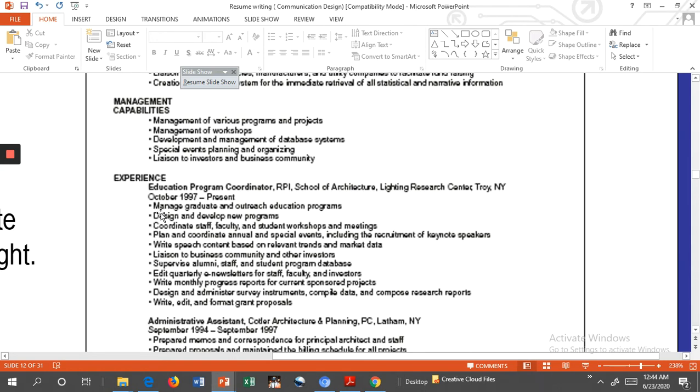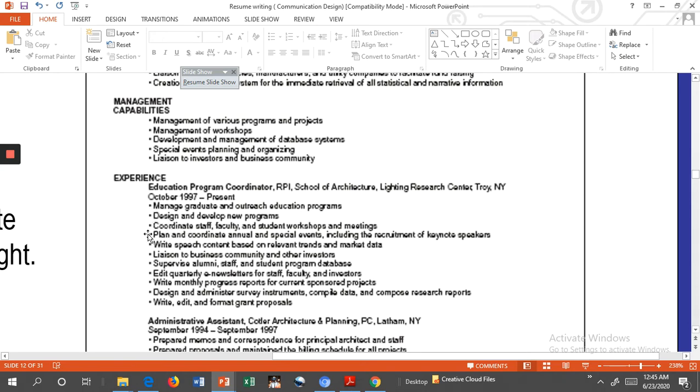And you have to start off each detail with the first form of a verb, the action verb. For example, over here we can see manage, graduate, design, coordinate.